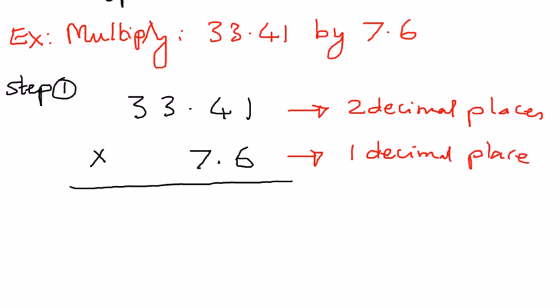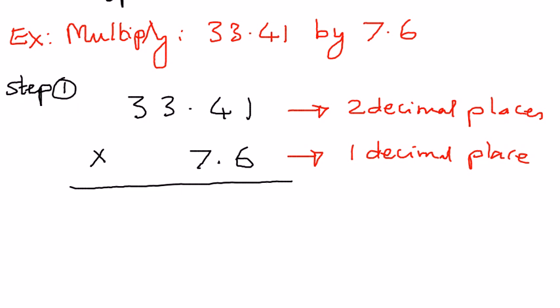And we know now when we multiply 7.6 by 33.41 and arrive at a solution, we're going to move 3 decimal places from the right. So let us first perform this multiplication and then we will talk about that.